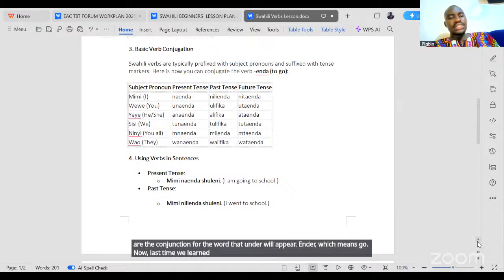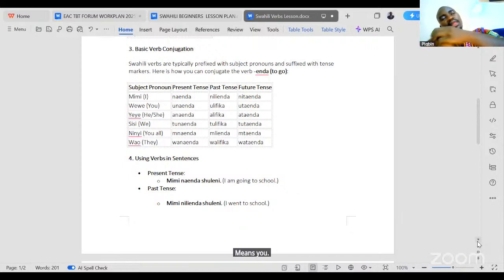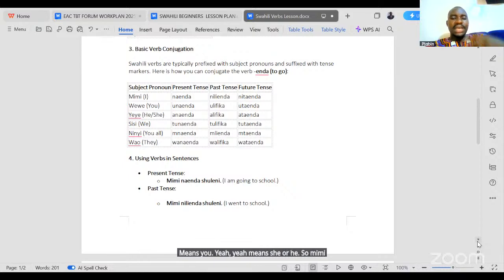For example, we say mimi means I, if you can remember. Wewe means you. Yeye means she or he. So mimi is the first person pronoun. Wewe is the second person pronoun. Then yeye is the third person pronoun.